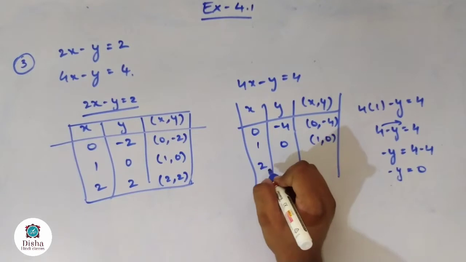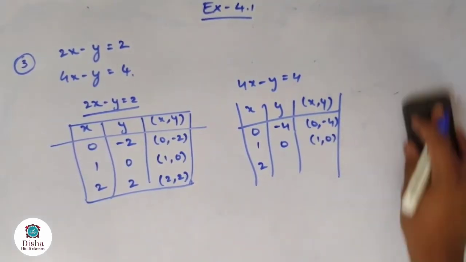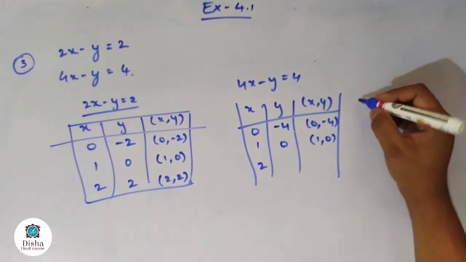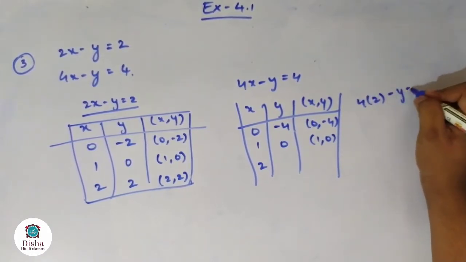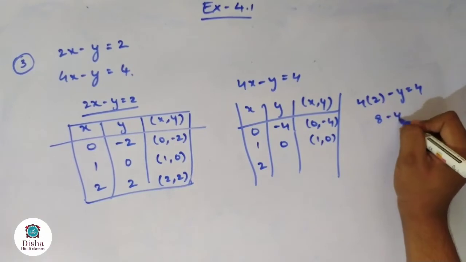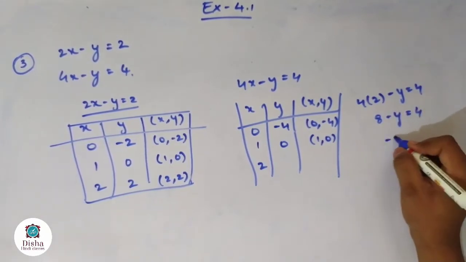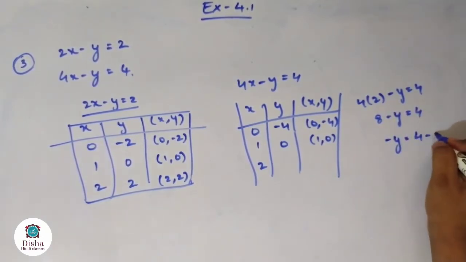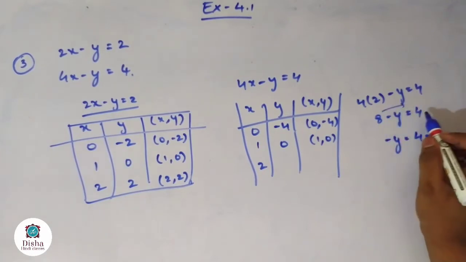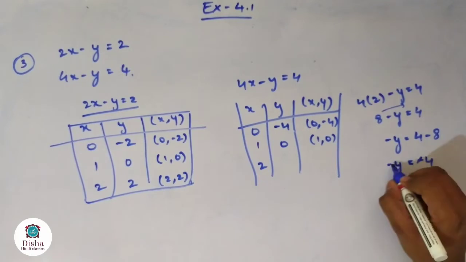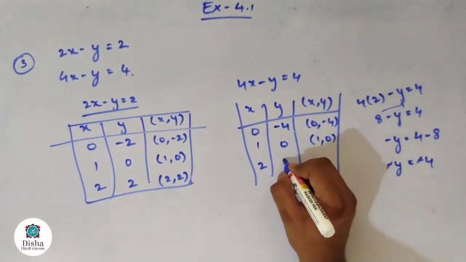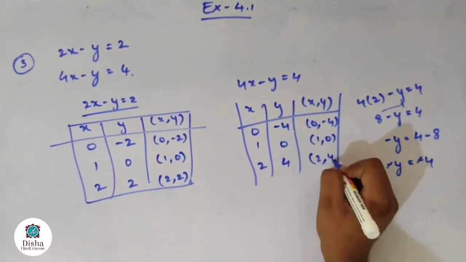Then we have x equals 2. 4 into 2 minus y equals 4. 8 minus y equals 4. Minus y equals 4 minus 8. This 8 will go to RHS and it will become minus 8. So minus y equals minus 4. So minus minus get cancelled. y equals 4. 2 comma 4.